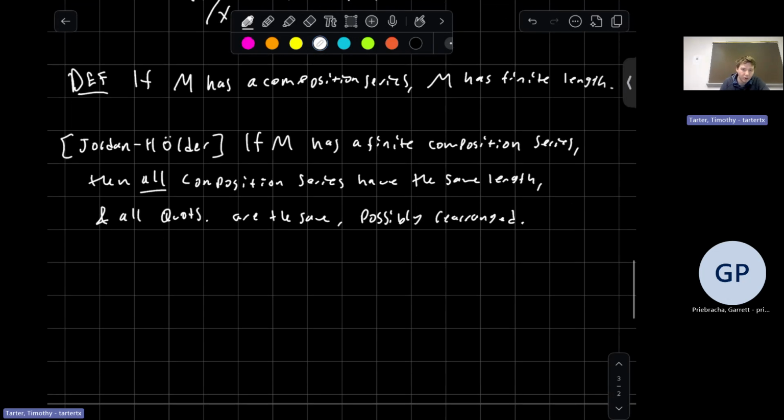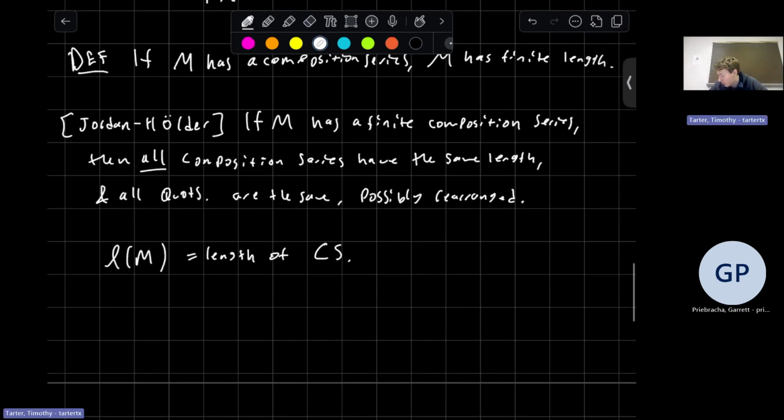And so we call this the length of M, written L of M, which is the length of the composition series, if it exists. Otherwise it's infinity.